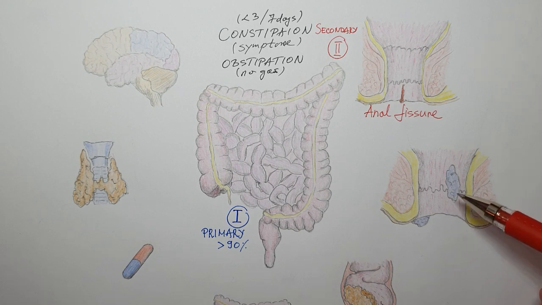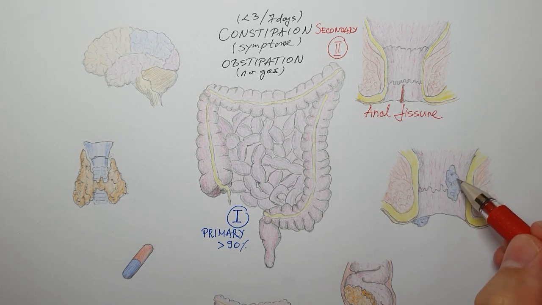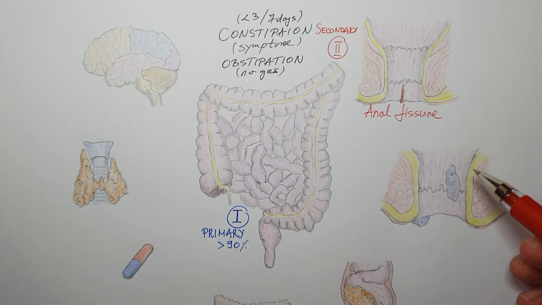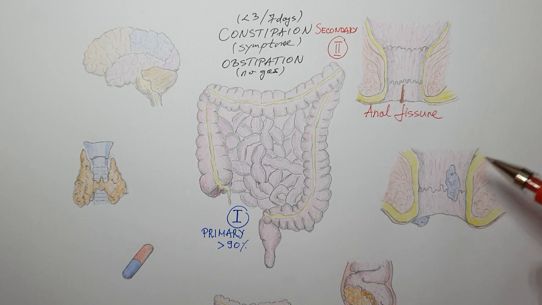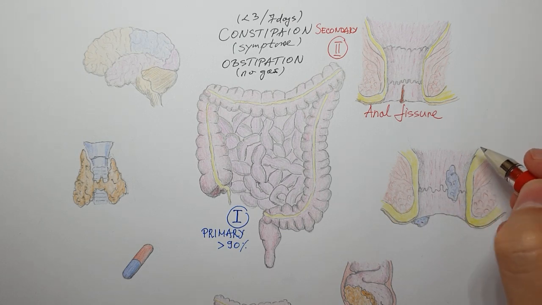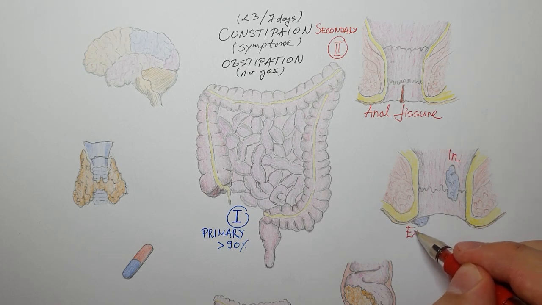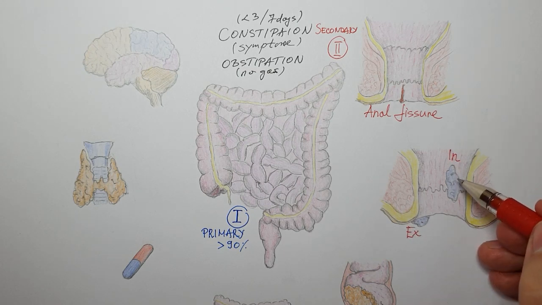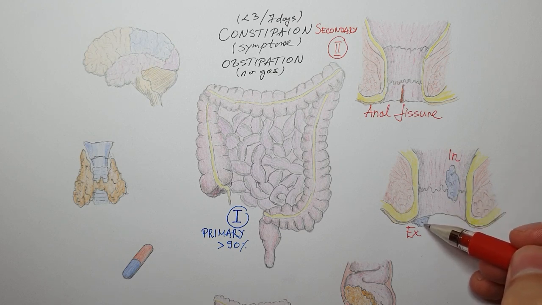Also, here we have hemorrhoids. So these are internal hemorrhoids that are in the anus, and when they are out of the anus, when you can see them, they are external hemorrhoids. So these are internal and these are external hemorrhoids. Internal hemorrhoids do not cause pain most of the time, but external are painful.